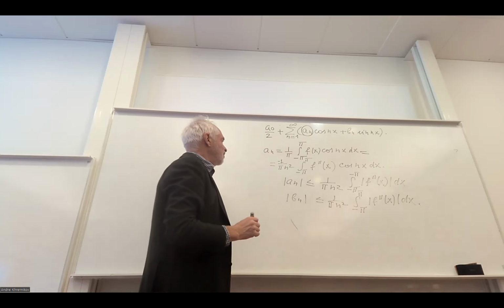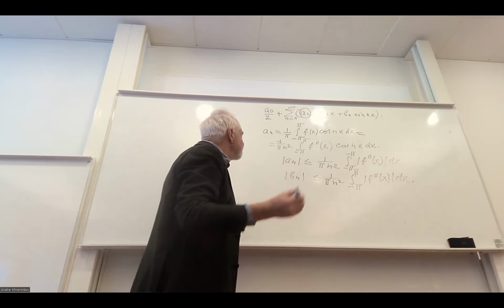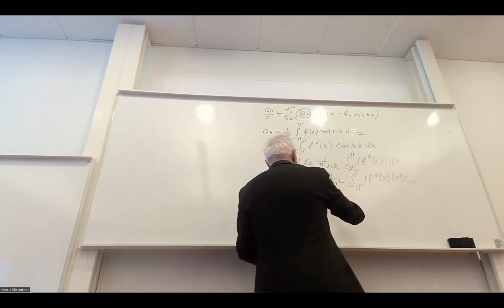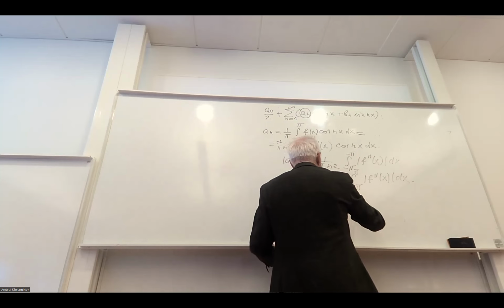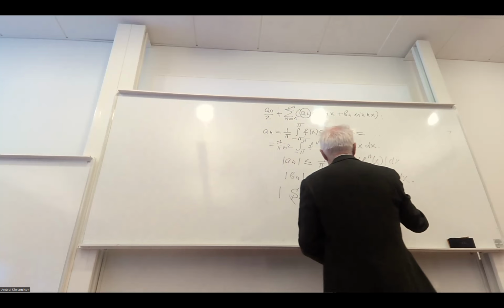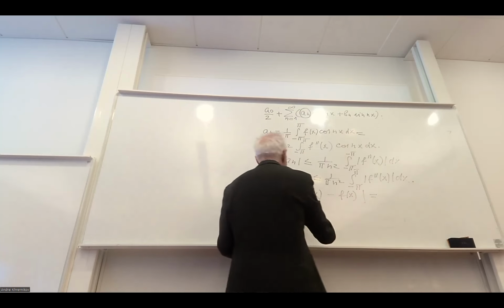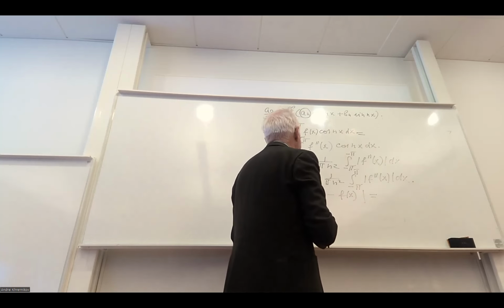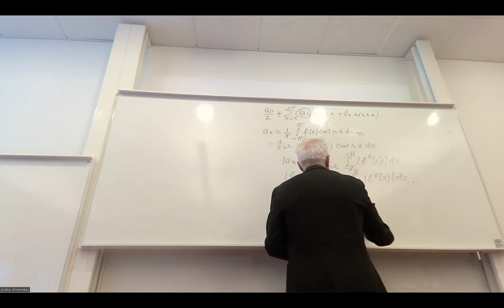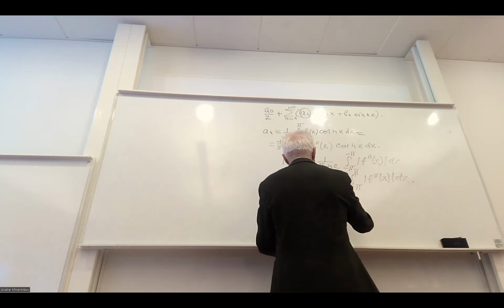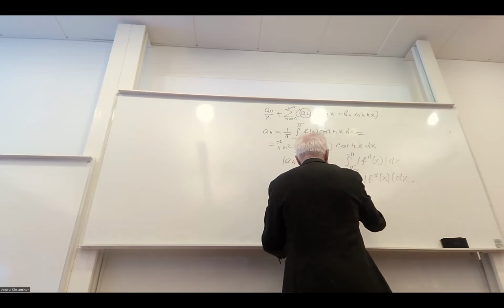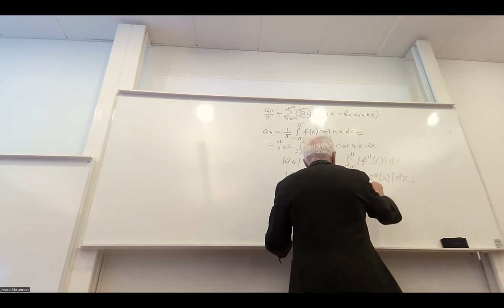And now we can prove uniform convergence of the partial sum of the Fourier series to f(x). How do we do this? First of all, let us prove that S_n(x) is a Cauchy sequence, a uniform Cauchy sequence.